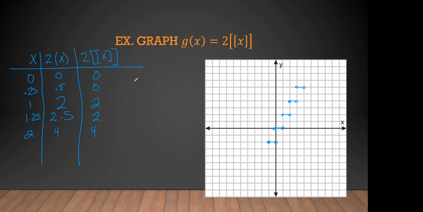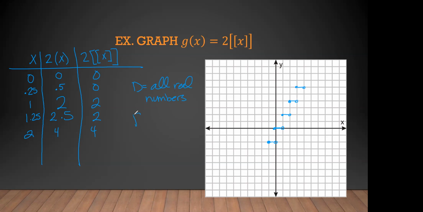I believe it also asks for the domain and the range. For the domain, remember that's your x values. We can continue this graph towards the negative, and we can continue this going up towards the positive. So the domain is going to be all real numbers.